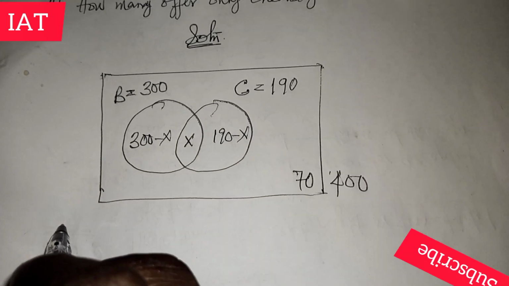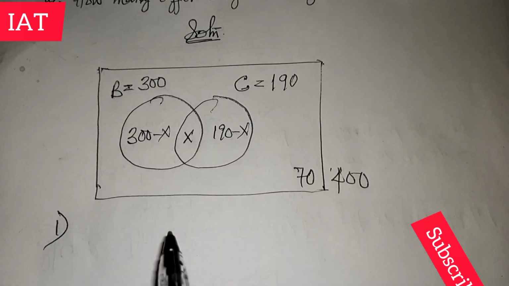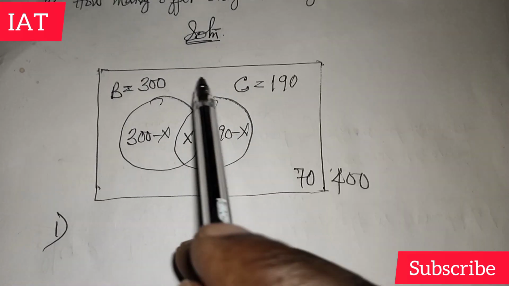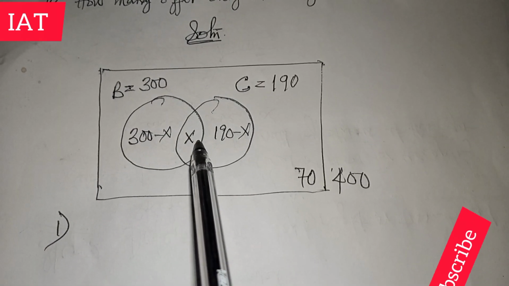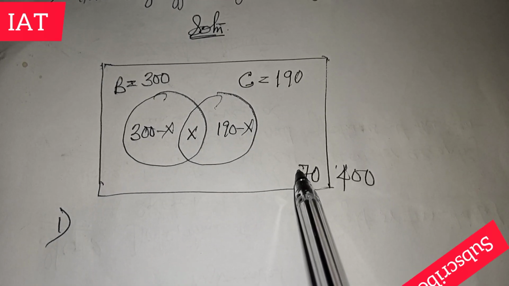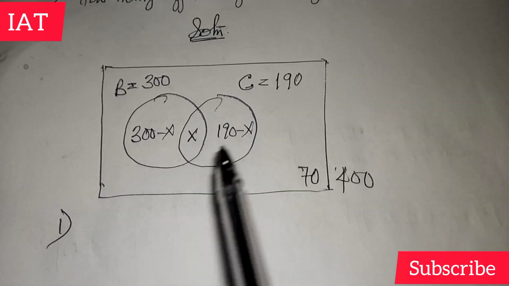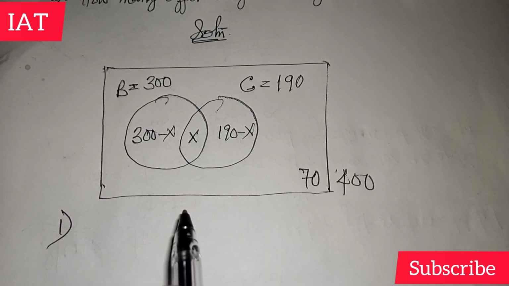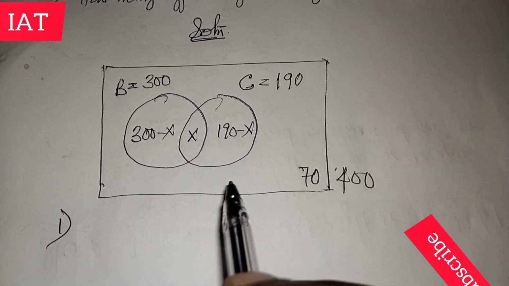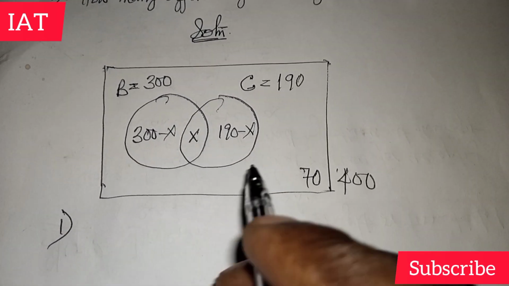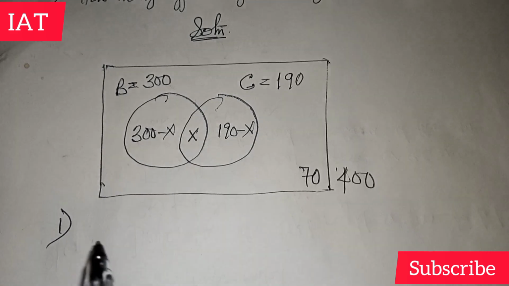So for the part of how many students offer both subjects, for us to get this, you need to sum up all these parameters here, including this, and then equate to the universal set, which is this. I do not want to take much time in this video by using the set notation, or what we call set builder notation. I just like going straight to the point.